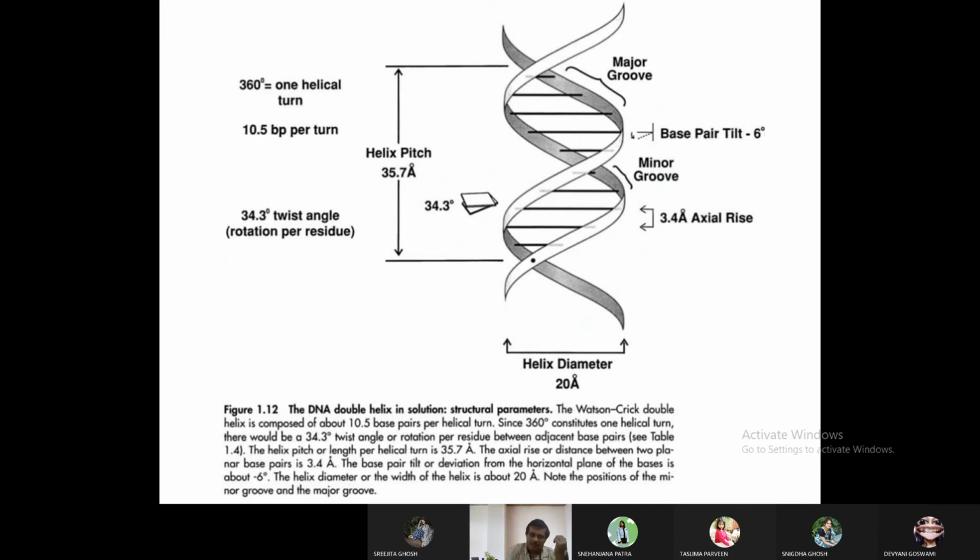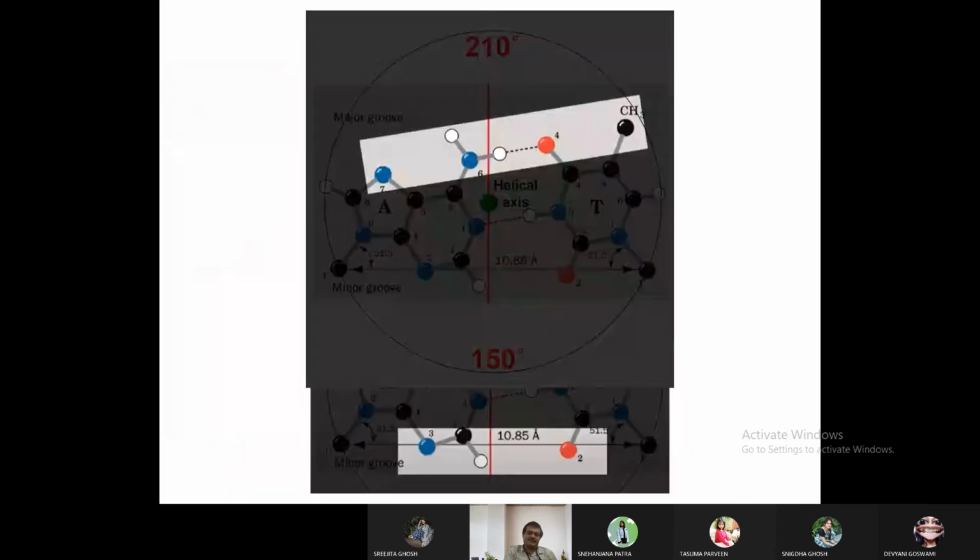Some will tell 34.3, some will tell 35, some 36. Nothing to worry, it is a little bit here and there, plus minus. All are experimental parameters, so a small 5% deviation is tolerable. But what is important is the concept, that one base pair is a little bit shifted compared to the other base pair.